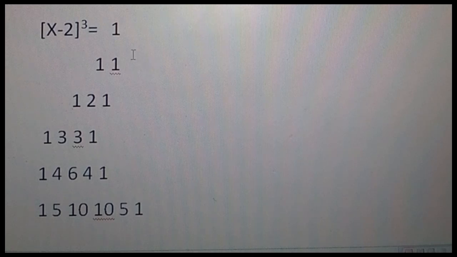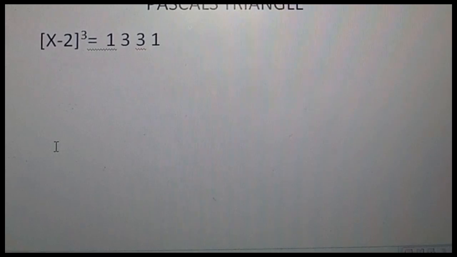Our power is 3, so we count to 3 and pick the values. We have 0, then power 1, power 2, power 3. So we are picking 1, 3, 3, and 1. Okay, let's solve the example.